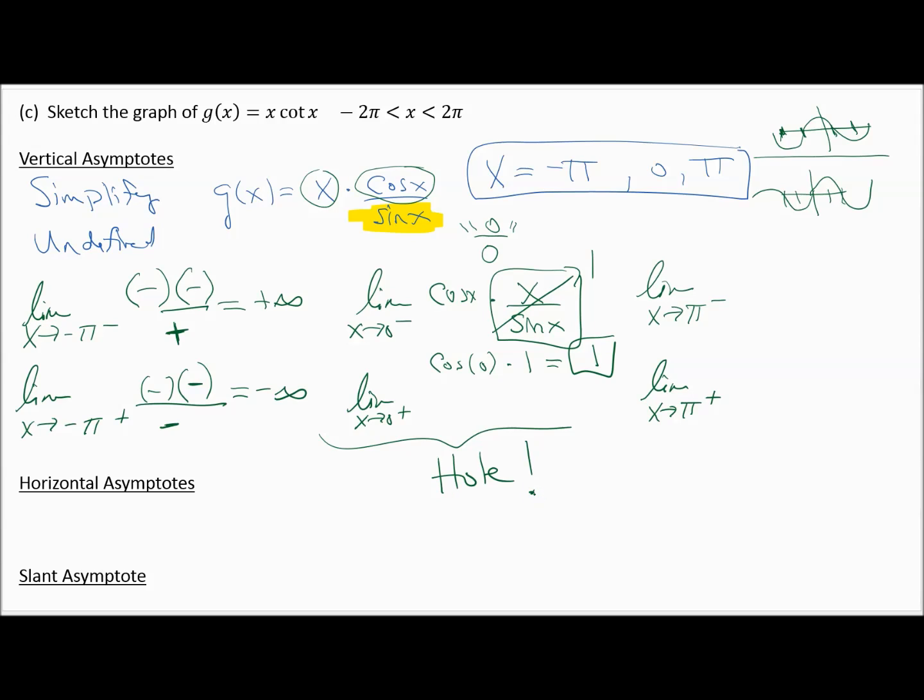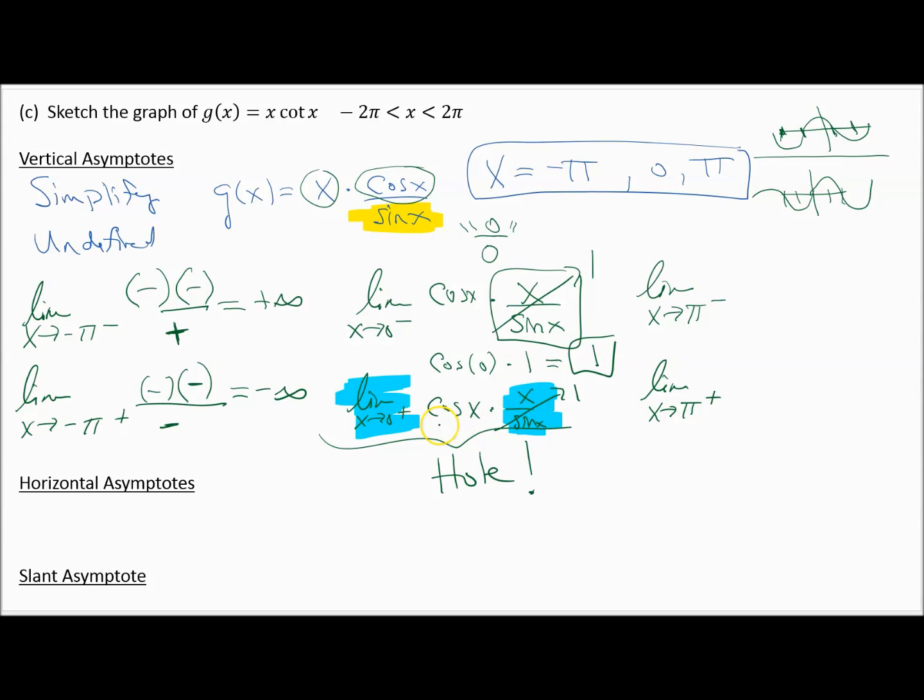Now, when I take the limit as x goes to 0 from the right, it's the same story, because we're looking at cosine of x times x over sine of x, and we had that special limit property that said, and let me highlight exactly what I'm saying, the limit as x goes to 0 of x over the sine of x is equal to 1. So that part is 1.